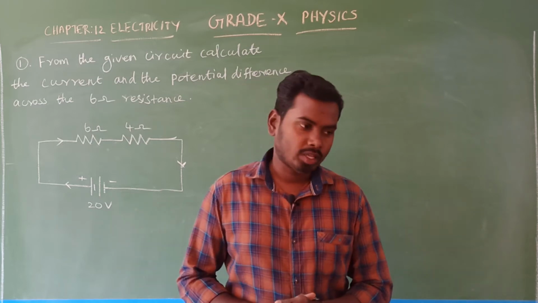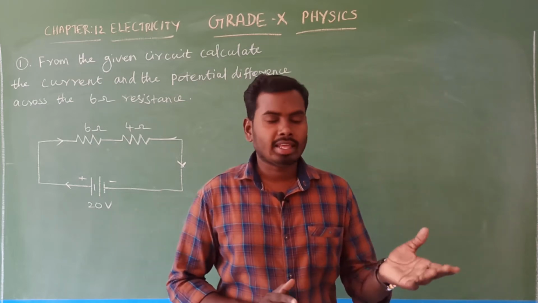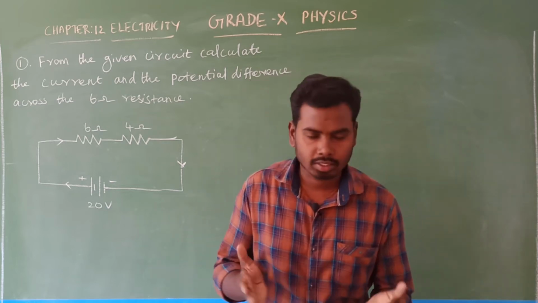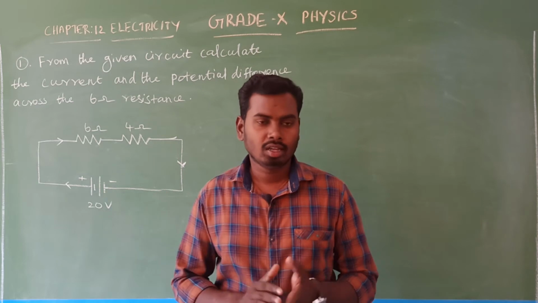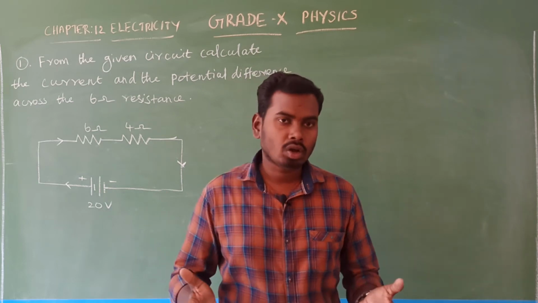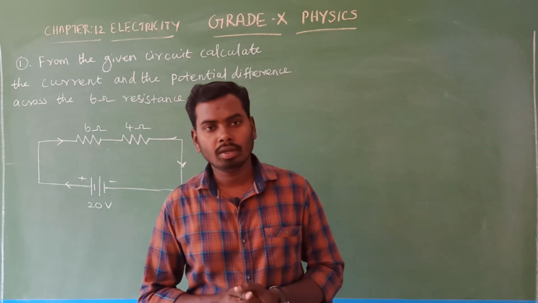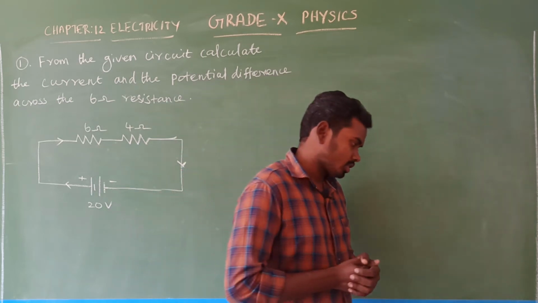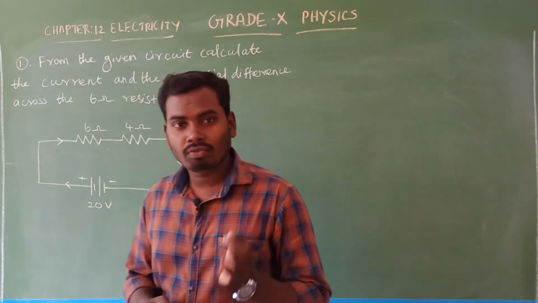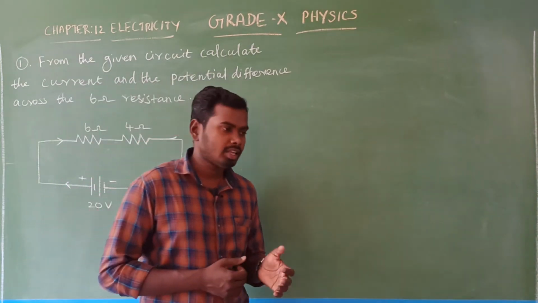Then what is the last one? That is electric power, which is the product of voltage and current, which means P equals V into I. This is one of the formulas for calculating electric power. But for calculating electric power, we have three formulas in total.